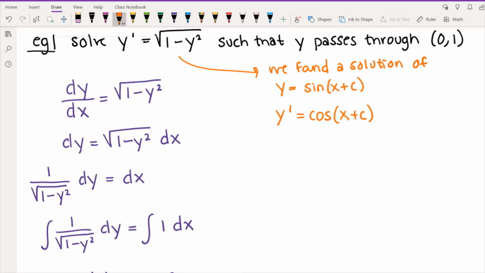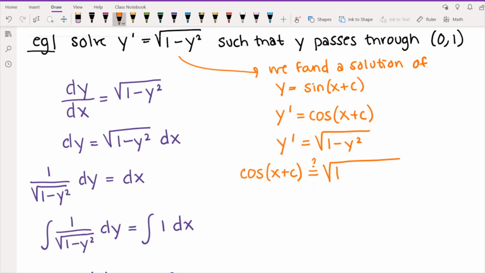And then what would we get if we plug everything in? We're supposed to have y prime is equal to the square root of 1 minus y squared. So y prime is, we just found, cosine of x plus c. And we're checking, is that going to be equal to the square root of 1 minus y squared? What is y? Well, y was sine, right?